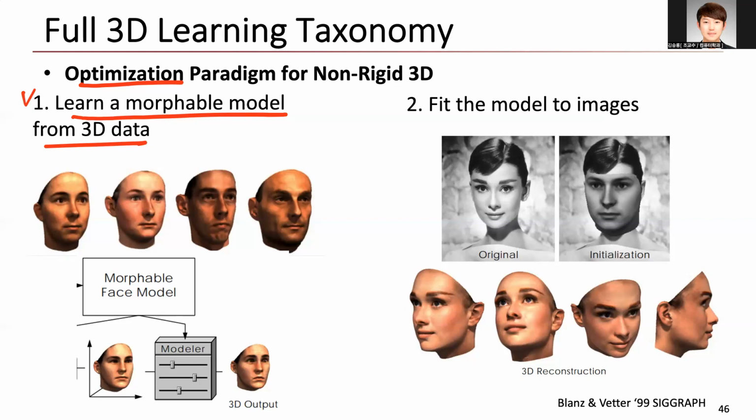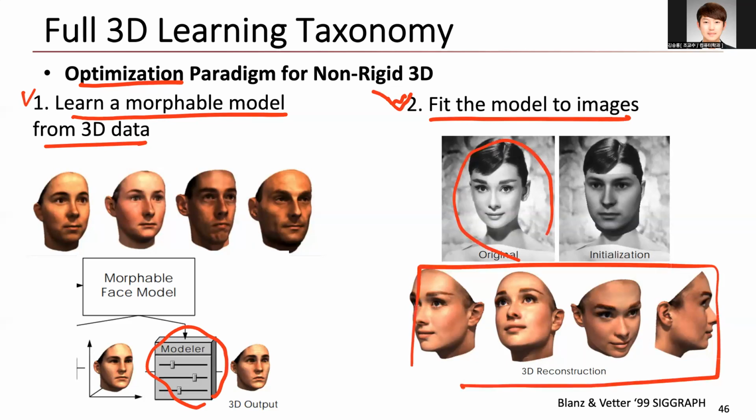By controlling the parameters, we fit this model to the input image, then estimate the 3D model. In other words, by adjusting each parameter in our model, we find the best match, fitting the model to the input images. Then we can finally achieve the full 3D model for the given input images.